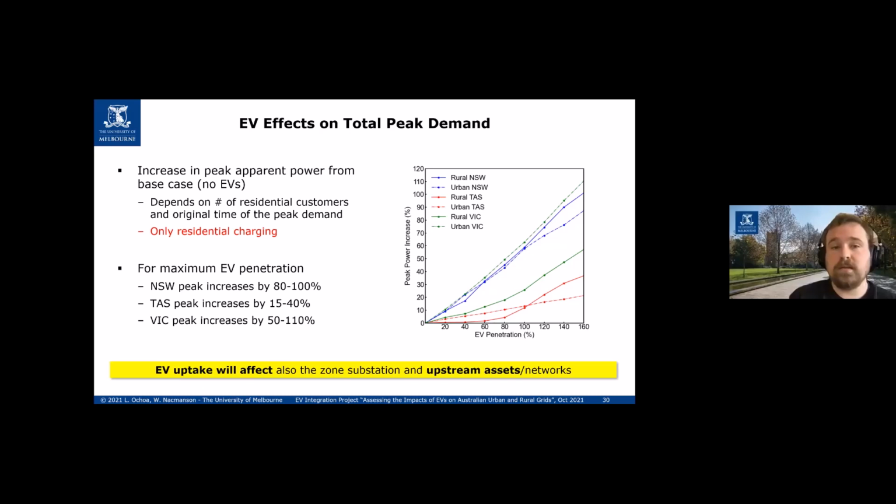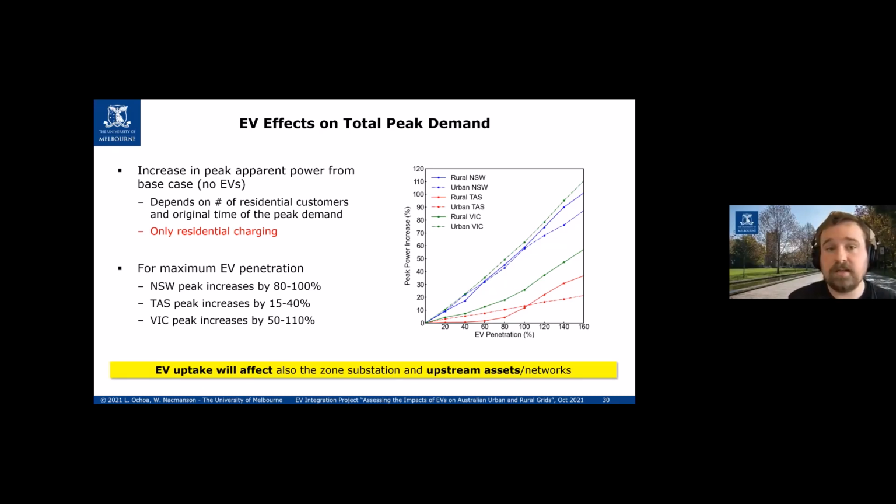So when we talk about 80, 40, 50, 100% for one feeder's peak apparent power increase, this could potentially have significant consequences for the zone substation and other assets upstream, if all the HVLV feeders have this increase in power.